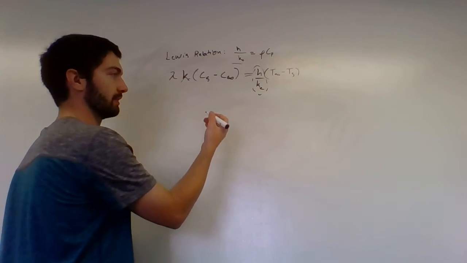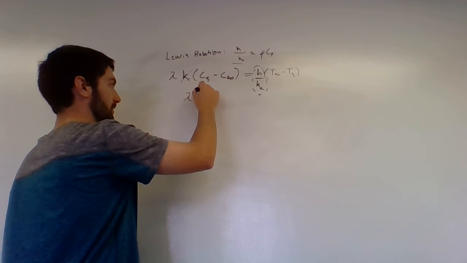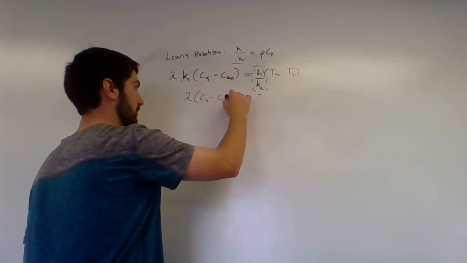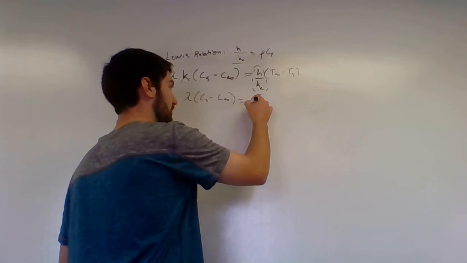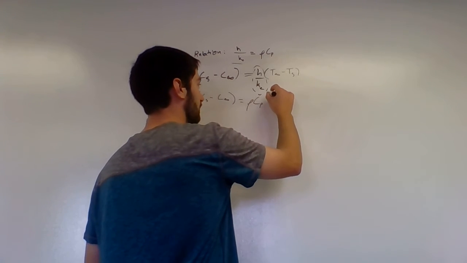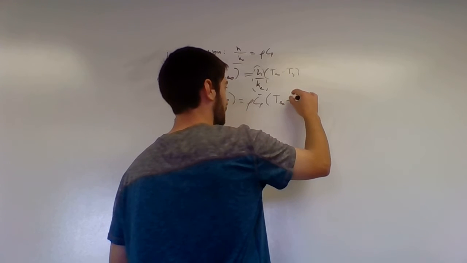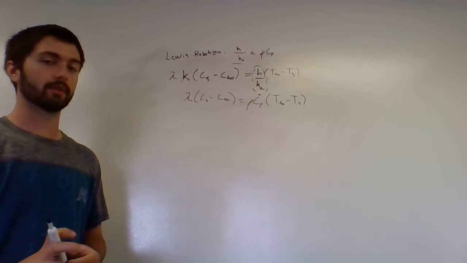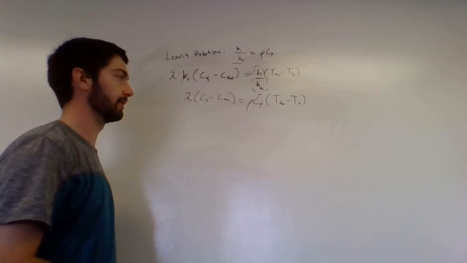So we can actually rewrite this equation as the enthalpy of vaporization times the concentration difference, and multiply it times the density times the heat capacity times this temperature difference.